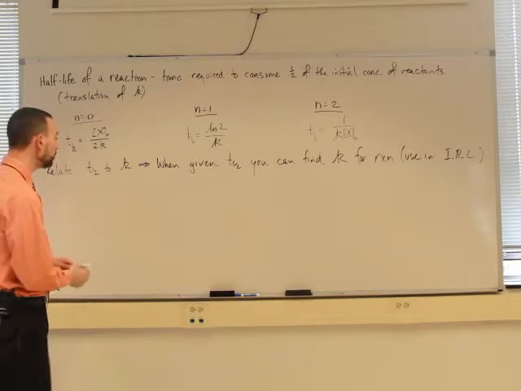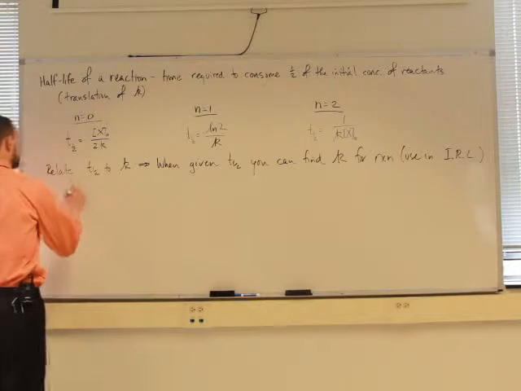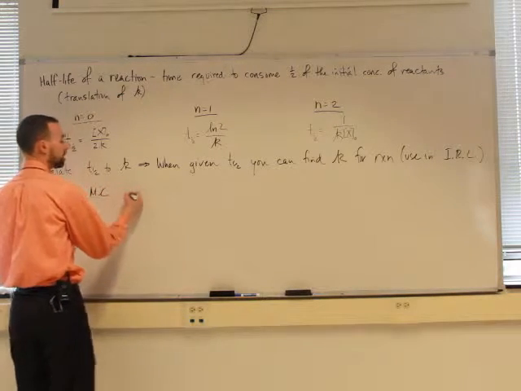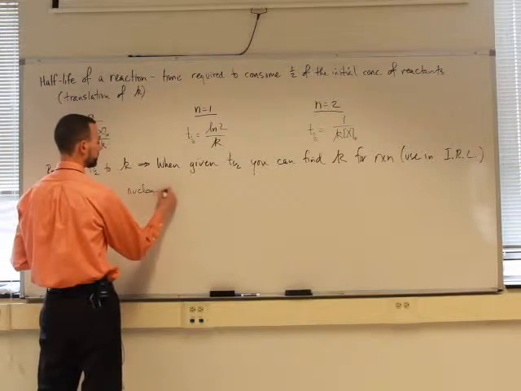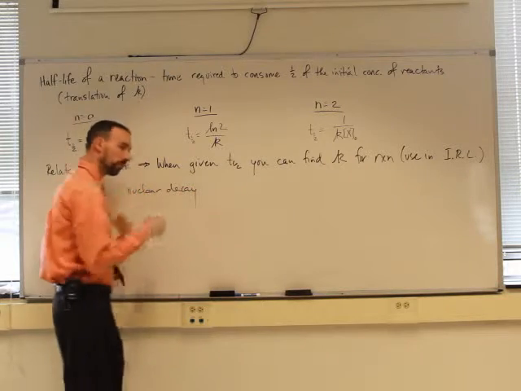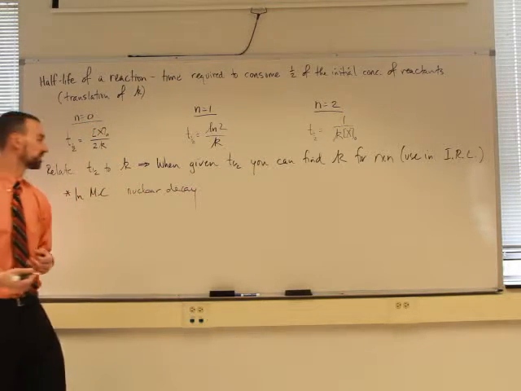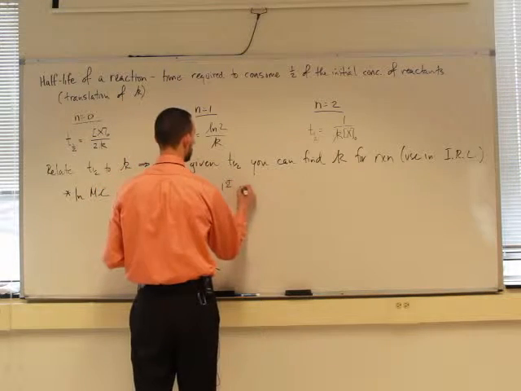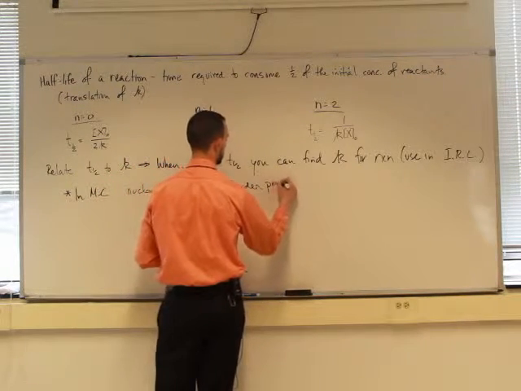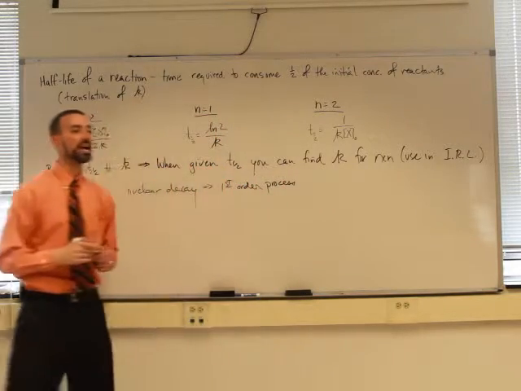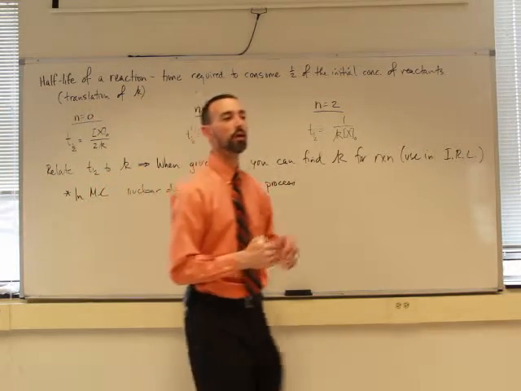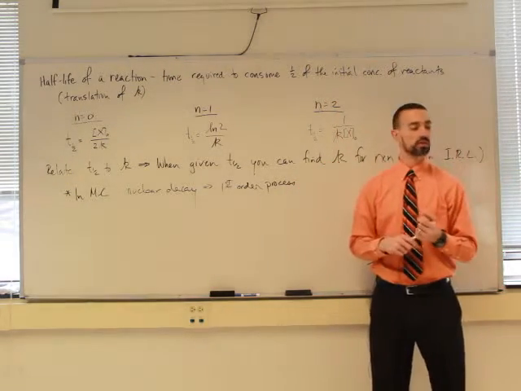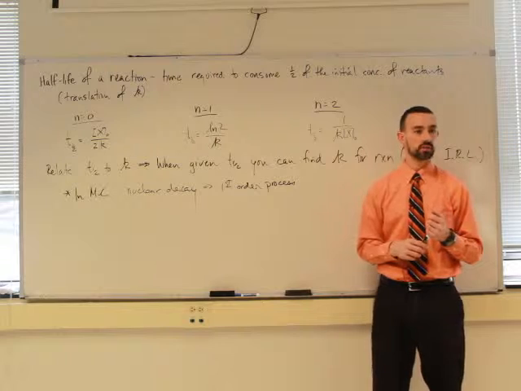A hint for you, since I'm feeling generous today: in Mastering Chemistry, you have a question about nuclear decay. If you are a reader of the textbook and skim through it, you'd find this. But nuclear decay is always a first-order process. It doesn't tell you that when it asks you to solve a problem with nuclear decay, so you need to know the order, but it's first order because those processes are first order.